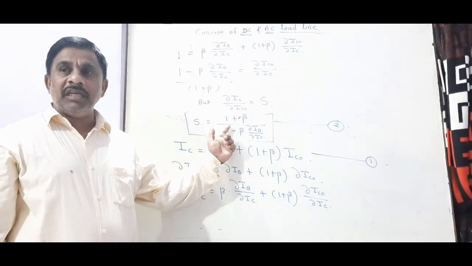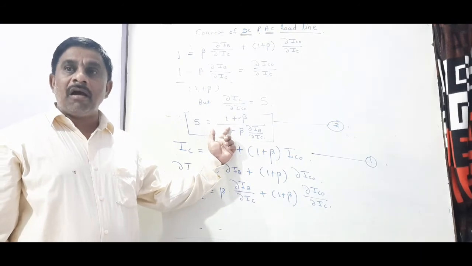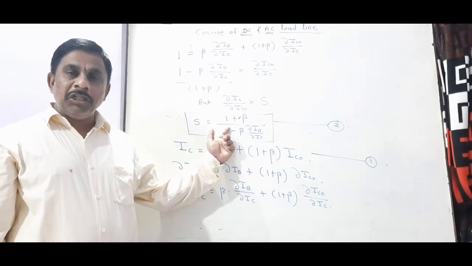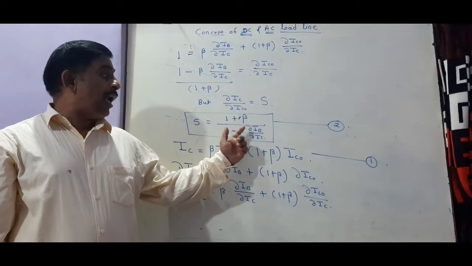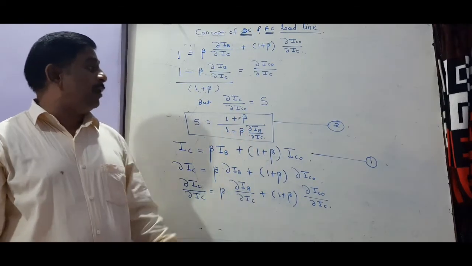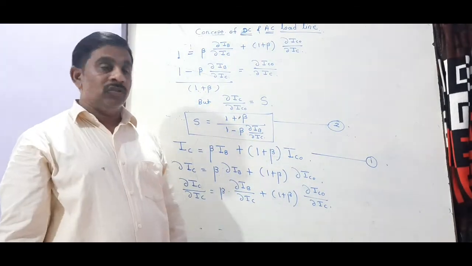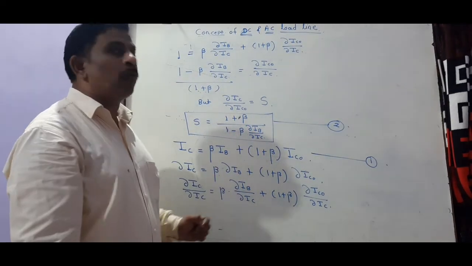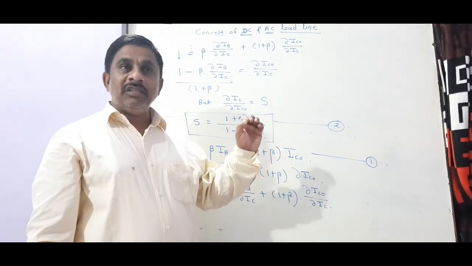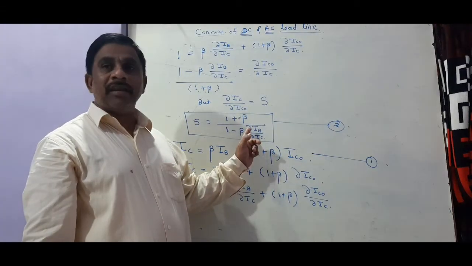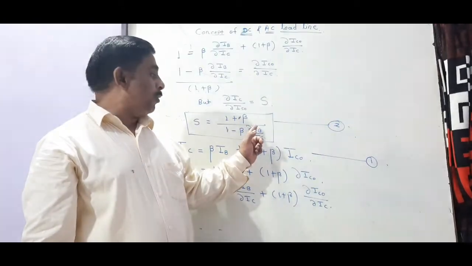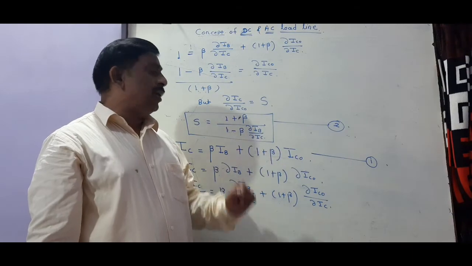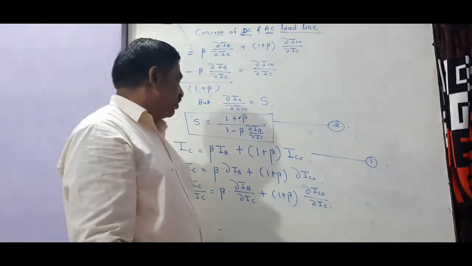Now in this equation we have to find delta IB upon delta IC. So how to find delta IB and delta IC? There is a procedure. When the transistor is working as an amplifier, we get delta IB upon delta IC by the procedure.